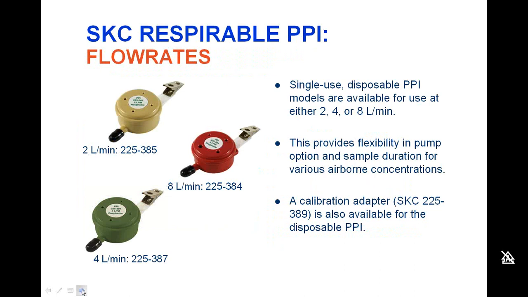Single-use disposable PPI models are available for use at 2, 4, or 8 liters a minute. This provides flexibility in pump options and sample duration with various workplace concentration levels. A handy calibration adapter is also available for the disposable PPI.